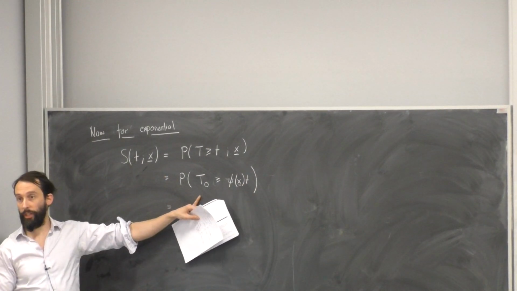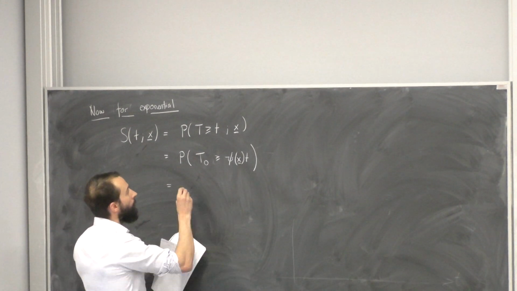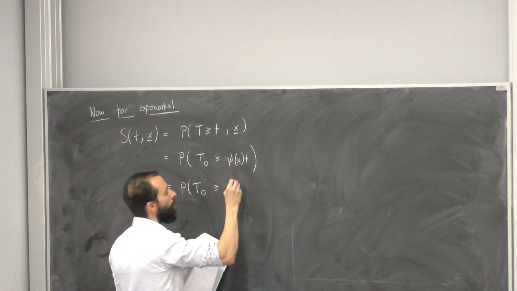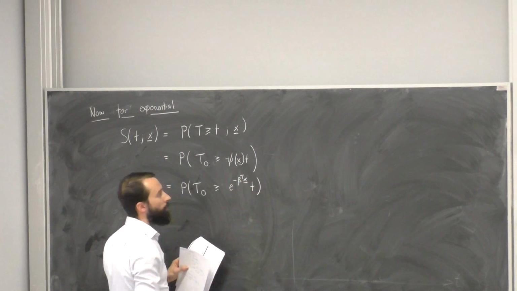And my baseline individual is just my exponential with rate lambda. And I'm going to choose a value for psi of e to the minus beta transpose x.